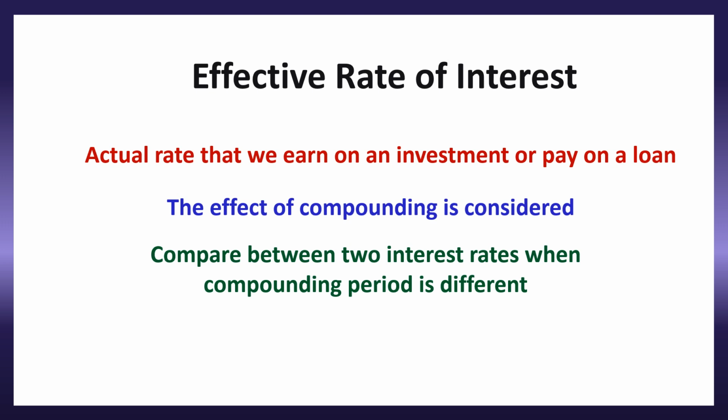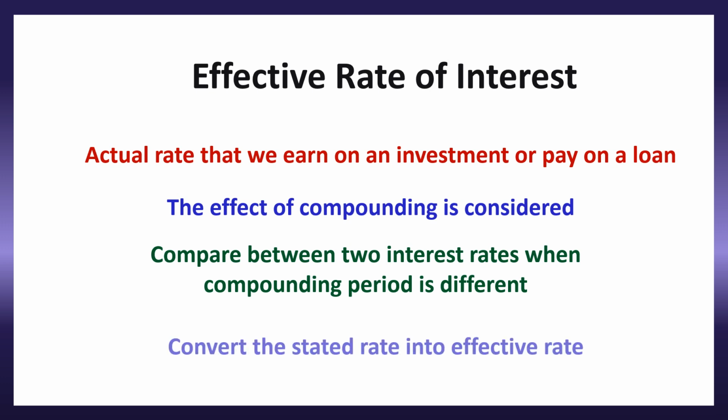One bank is compounding quarterly and the other bank is compounding annually. So the bank that compounds annually will be more beneficial to us. That knowledge is received only when we calculate the effective rate of interest. So the stated rate is converted into the effective rate for the purpose of this comparison.